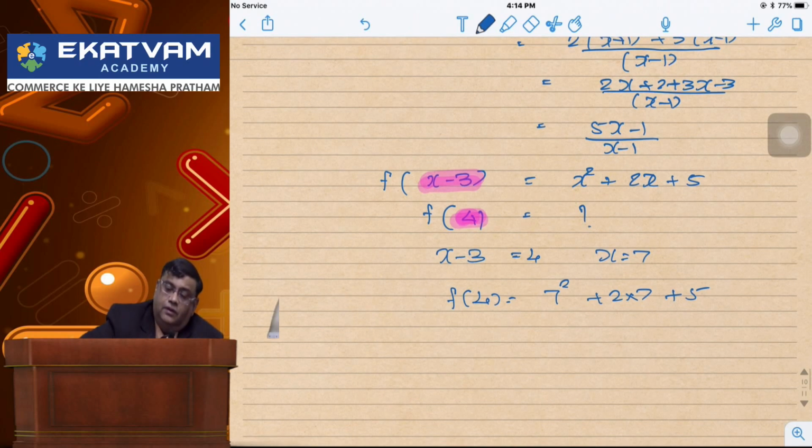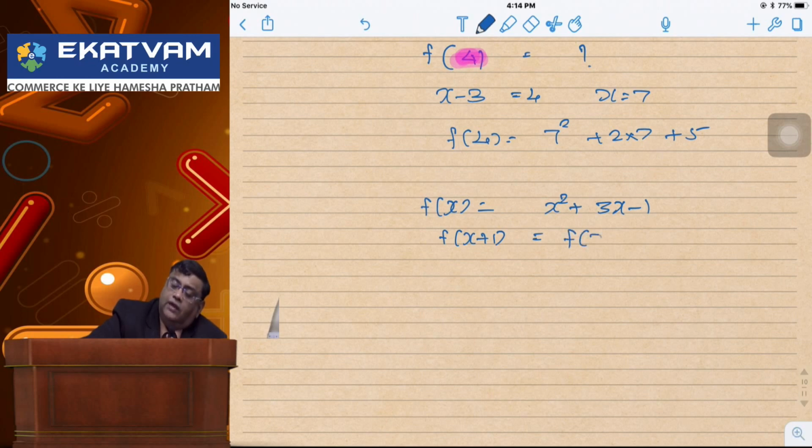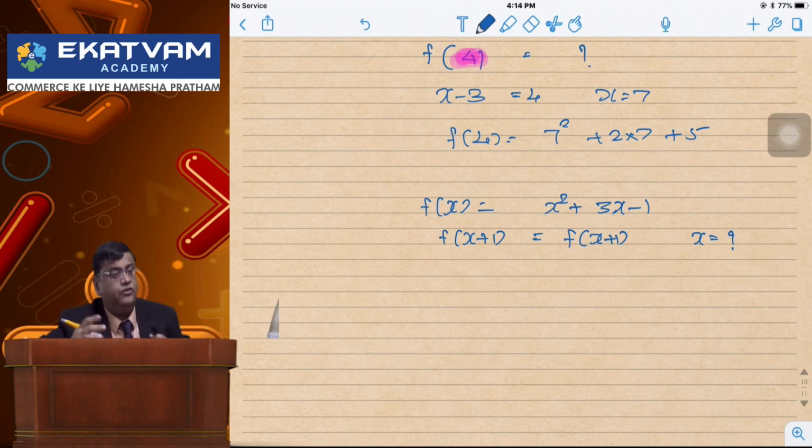Clear? If I say f(x) is x square plus 3x minus 1, and f(x + 1) is equal to f(x), then x equal to what? Tell me, how will you go? They will ask such an equation, and x equal to what?